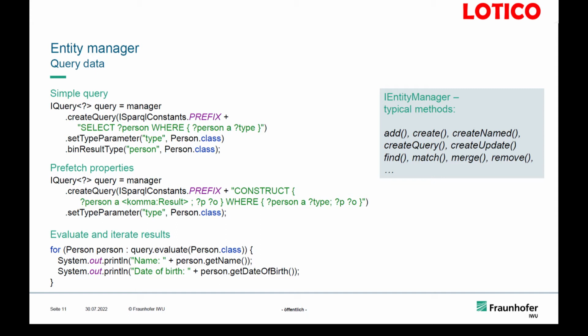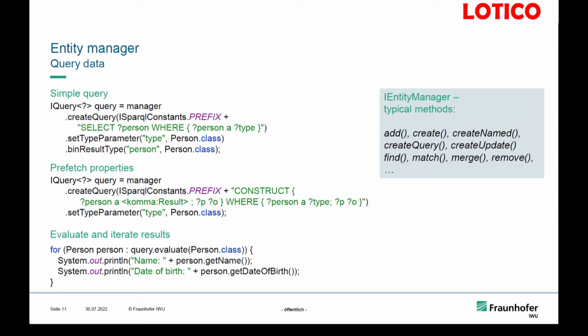This works by using a construct query where you mark a variable as a KOMMA result, and you also fetch additional properties for this result. For example, we fetch a person here of a specific type, which is encoded in the person class, and we also fetch all other properties of this person. And then KOMMA makes sure that this subgraph that is returned by construct is actually used for constructing a person instance with pre-filled properties.